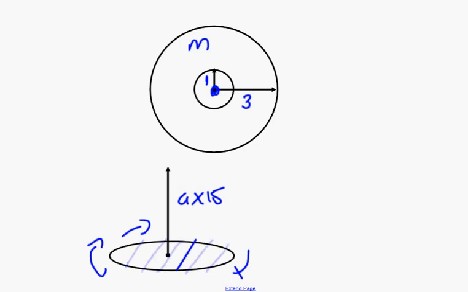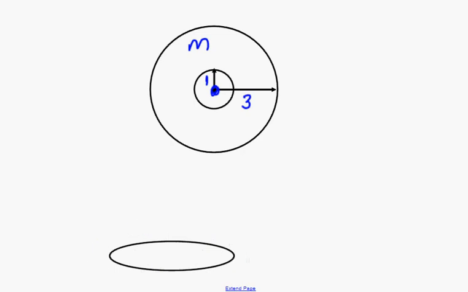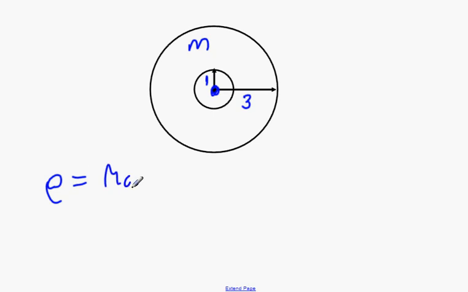So that's that one done. If you're talking about axes that are perpendicular to each other but horizontal to the disc, you'd be talking about these ones here, sort of like an XY axis. Now that's dealt with. The next thing is to figure out how we're going to go about doing this. Once again, like our formal proof, we're going to define rho as mass over area. What is the area of this?